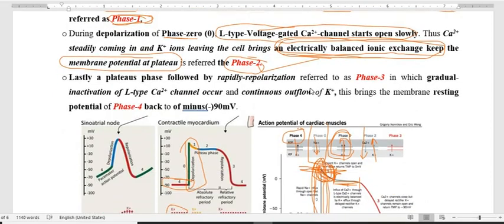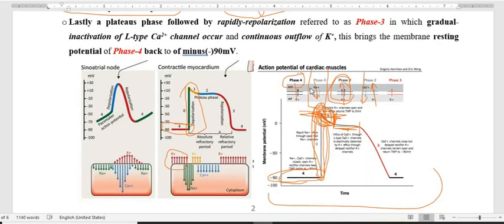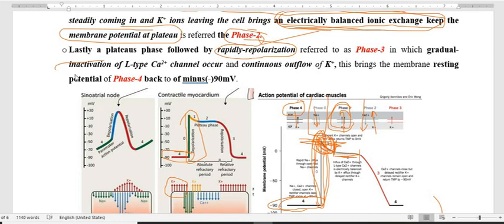So now phase 2 is completed. The last phase is the repolarization phase, we call it the rapid repolarization phase, and it is because of the inactivation of the L type calcium channel.